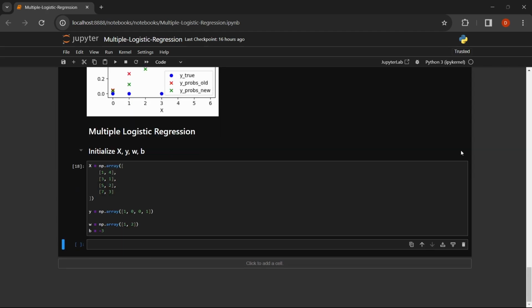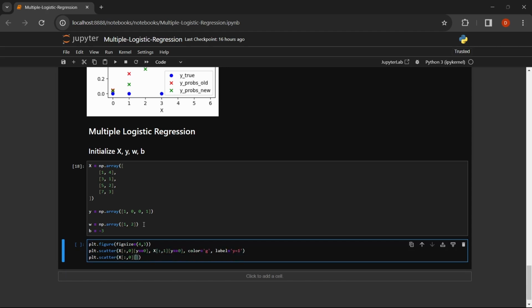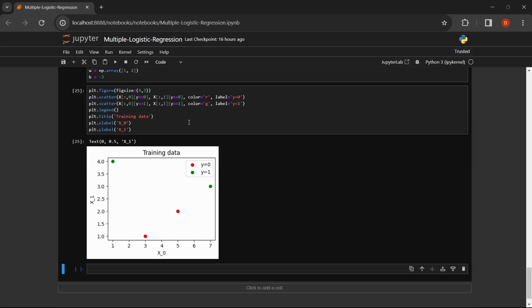Now let's go ahead and plot these points. Alright, so in this plot, we have these green points marking where y is equal to 1, and these red points marking where y is equal to 0. And again, green is if a student passed the exam, and red is if they failed the exam.